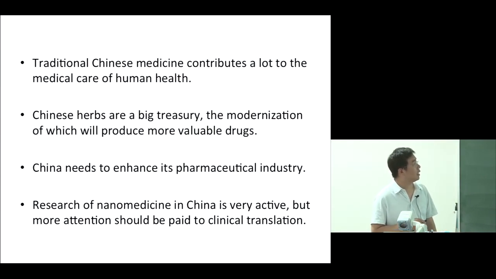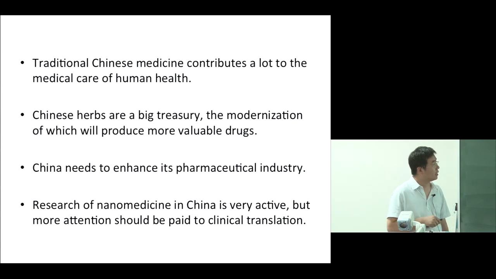And second, Chinese herbs are a big treasury. The modernization of which will produce more valuable drugs, like Tu Youyou, who found Qinghaosu for malaria treatment. So probably we can find more effective drugs from Chinese herbs.